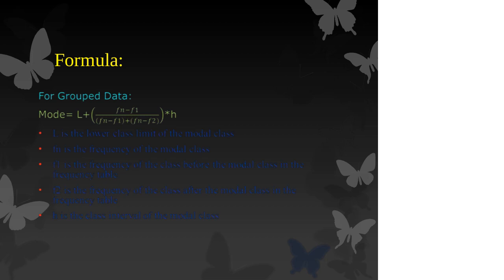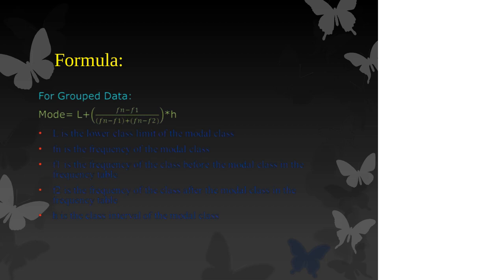And then H is the class width, which is given by the upper limit minus the lower limit.